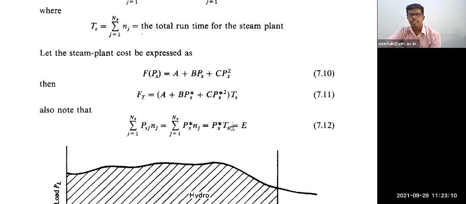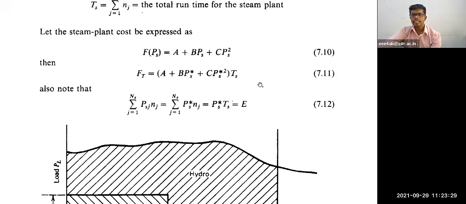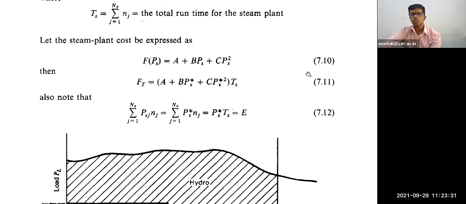So PS star into TS is nothing but capital E. What is capital E? Capital E is the energy generated from the steam generating unit for that particular runtime, that particular period of time. Take these as equation numbers 10, 11 and 12.